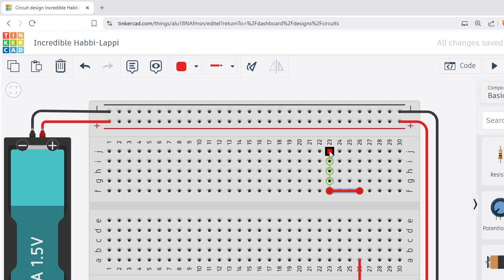Sir, positive charge. I'm talking about J23, okay? Now see the connectivity. This is connected to the negative. It is the red colored wire, no problem. But this is connected to the negative. So negative is connected here.